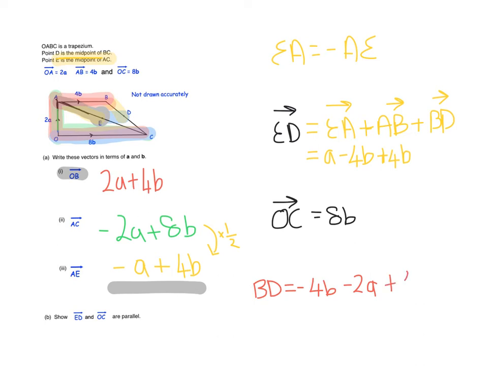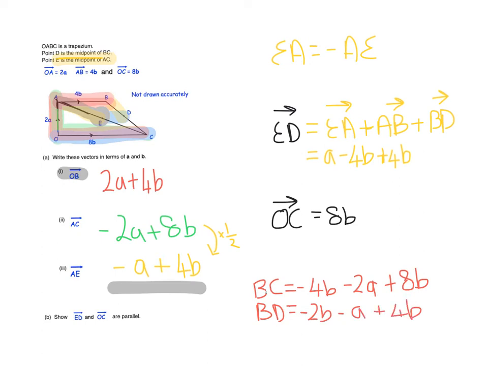Now that's not actually B to D, that's B to C. But notice how D is halfway, B to D is going to be half of what I've just written. So it's going to be minus 2B minus A plus 4B.